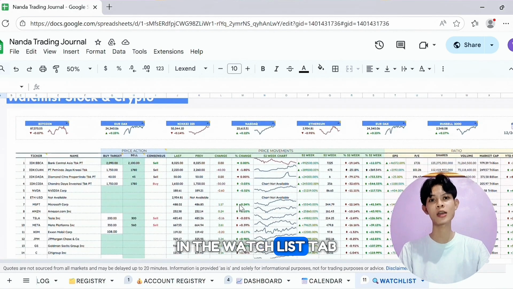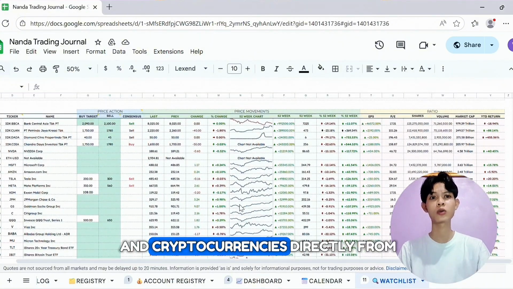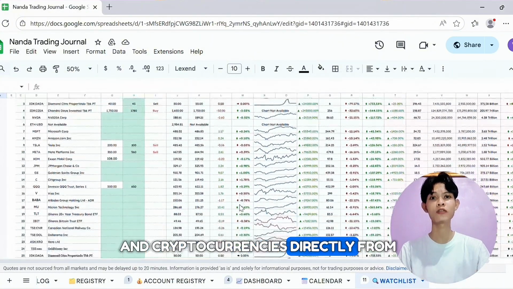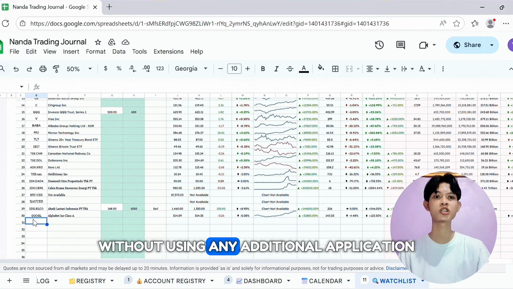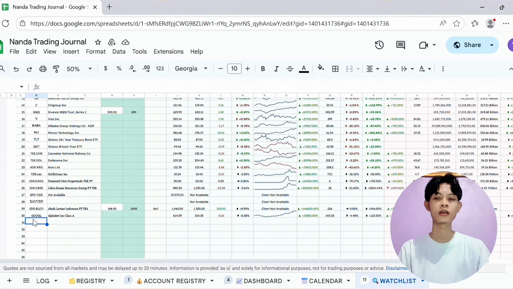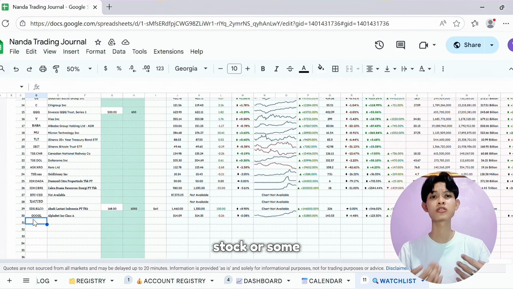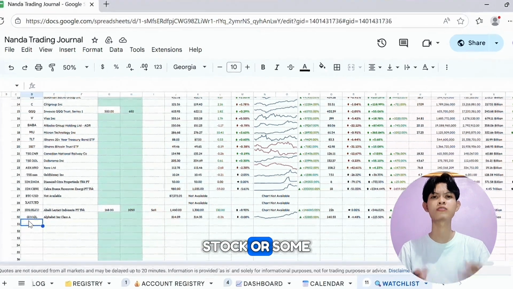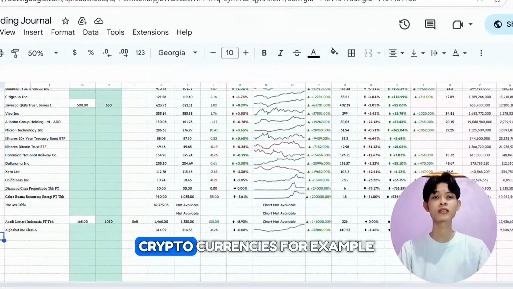In the watch list tab, you can monitor stocks and cryptocurrencies directly from the journal without using any additional application. And you can add some stocks or some cryptocurrencies.